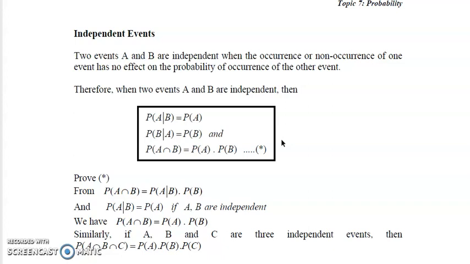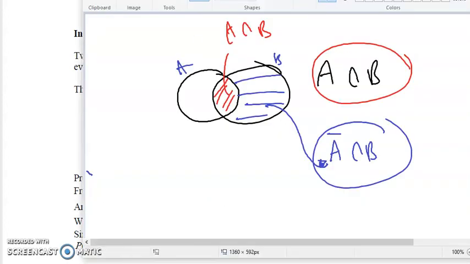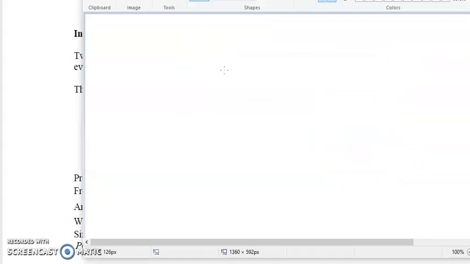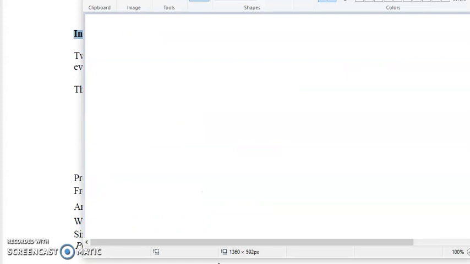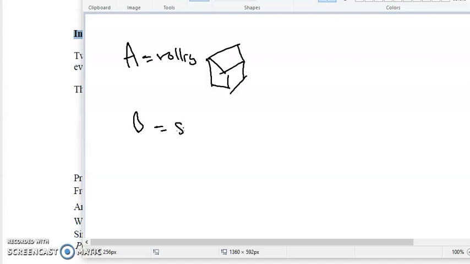Okay, independent events are simple to explain. For example, you have event A. For independent events, as an example, event A, rolling a dice. Okay, event B, you spin a coin.